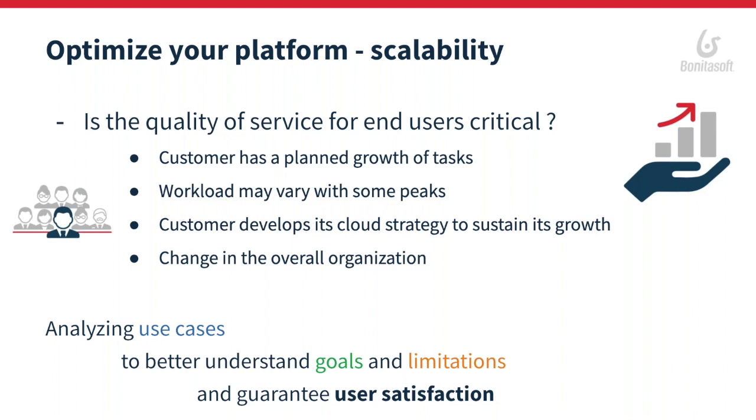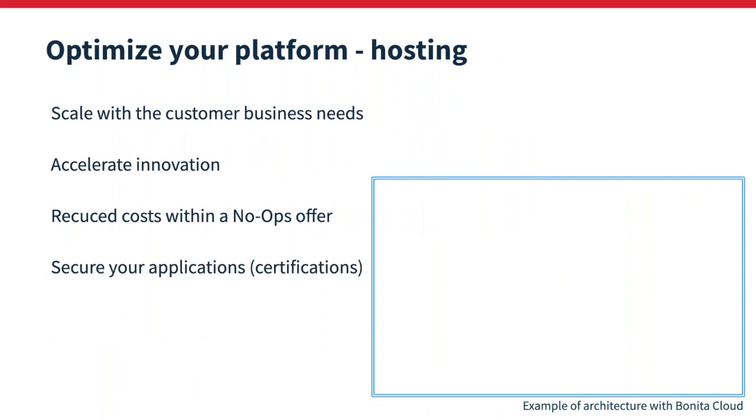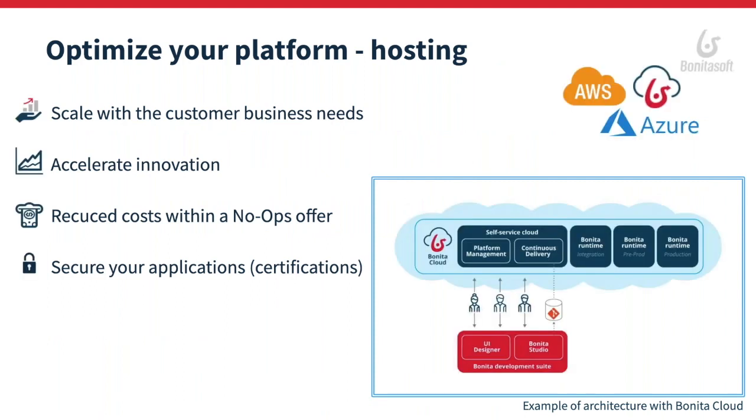If you want to get rid of all those maintenance things, make sure that your service will be adapted and agile depending on the workload, on the users, on the service needs, you have another option, which is to be hosted by another provider.